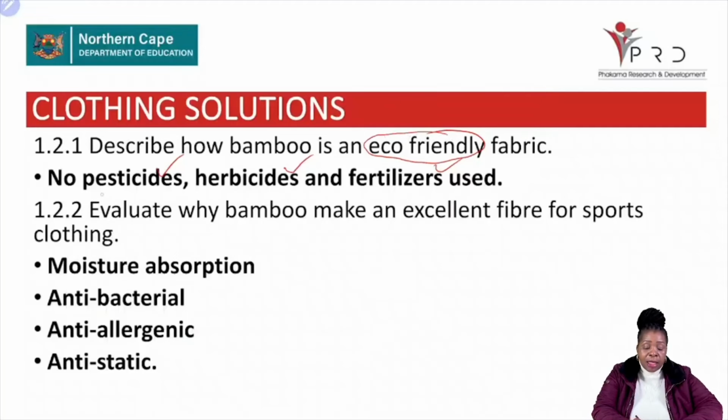These are the chemicals that are used to spray pests that actually eat on the plantation. And then herbicides are also sprayed so that there is no weed on the plantation. And also fertilizers are used so that the plants could grow even faster, giving them a little bit of manure.